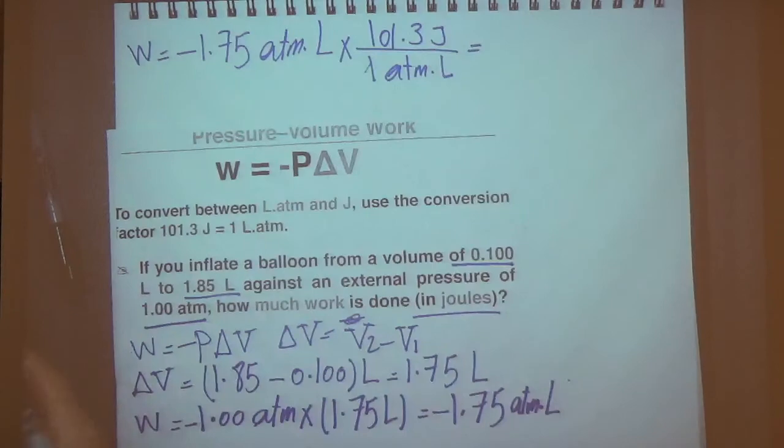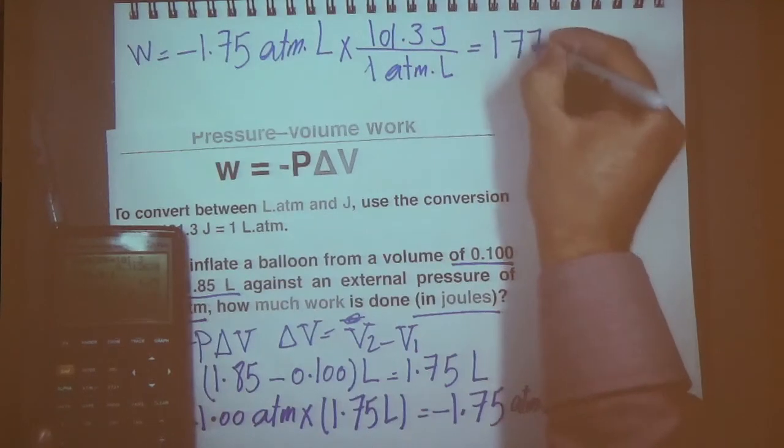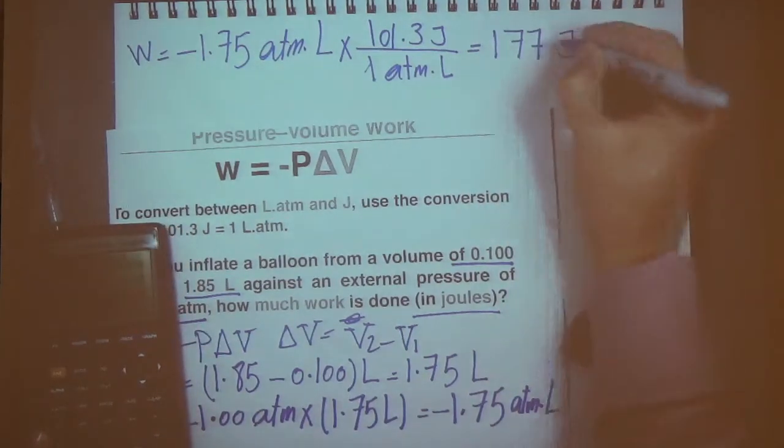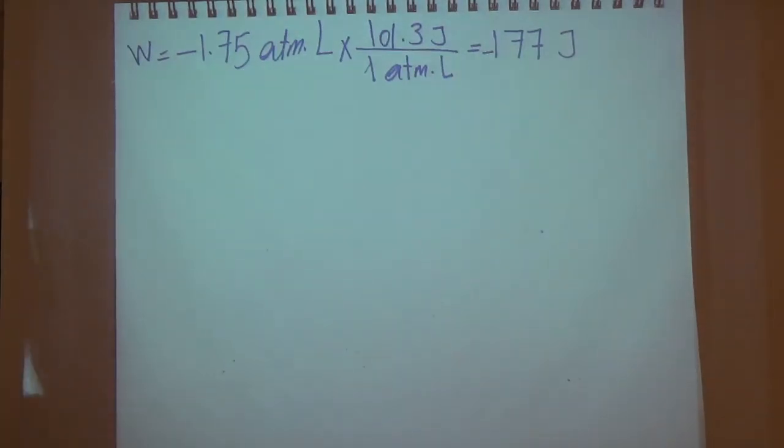You multiply this number and you get minus 177 joules. That's the amount of work that we did. Again, it's a negative number, that means we are losing energy.